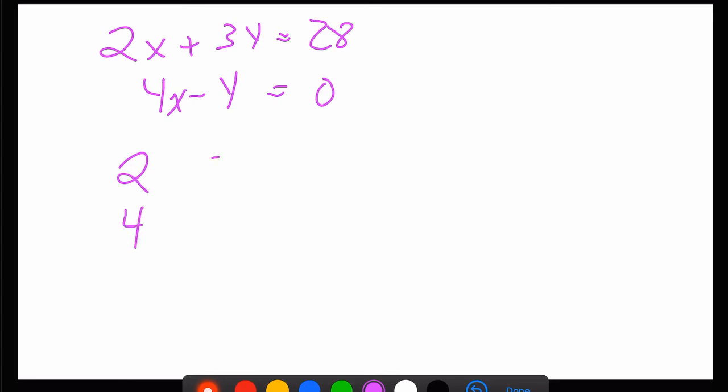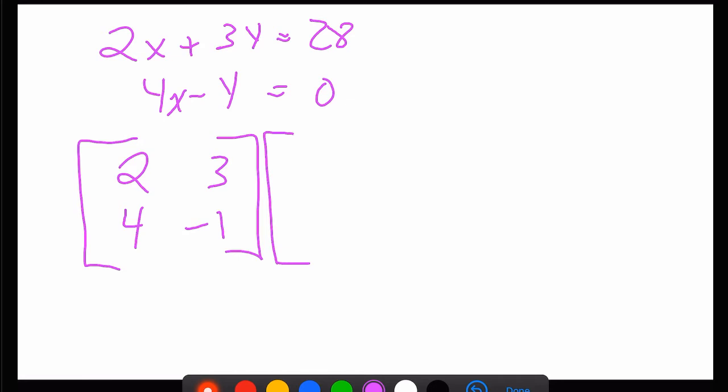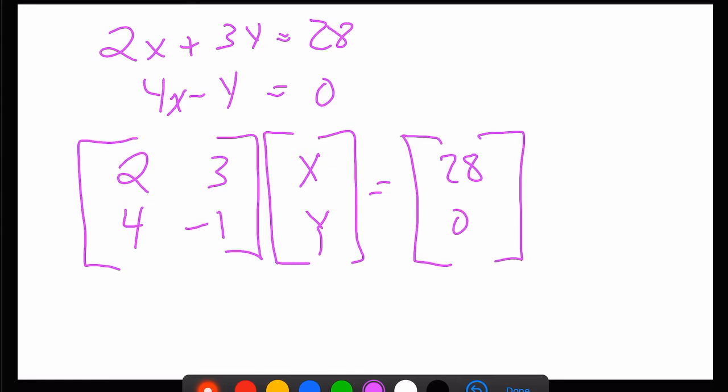By saying 2, 4, 3, minus 1, times x, y, equals 28 over 0. Okay, I can do that, yes? That's a beautiful matrix formy thing.